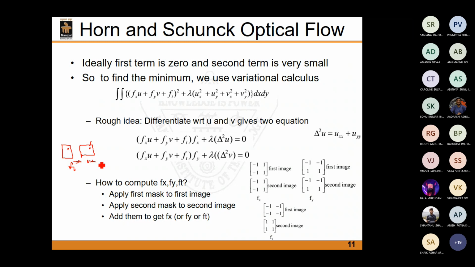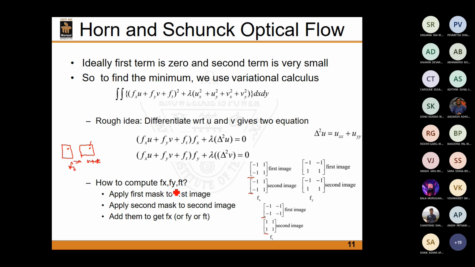For this particular pixel, I take the corresponding pixel here and just subtract it pixel wise. That is the same as shown over here. I apply -1 as the elements in the first image, the mask used in the second image is 1 1 1 1, and then adding them together, I get ft.